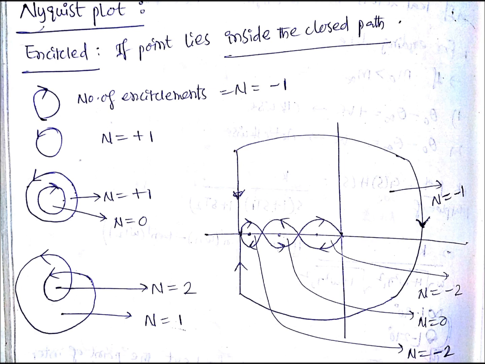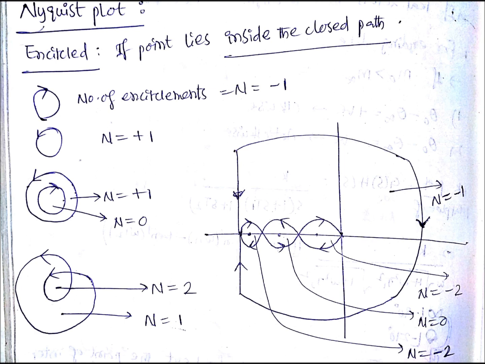But for another point that I have shown below it, the number of encirclements n equals +1. That means it has only one anti-clockwise encirclement. You just observe them, and you will get to know.